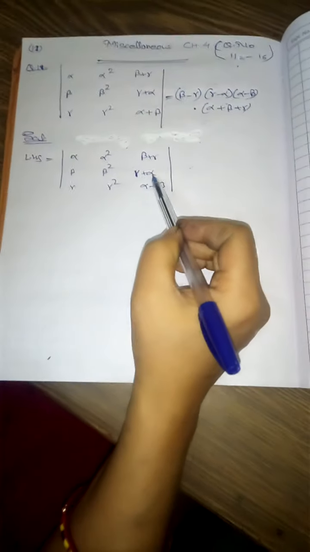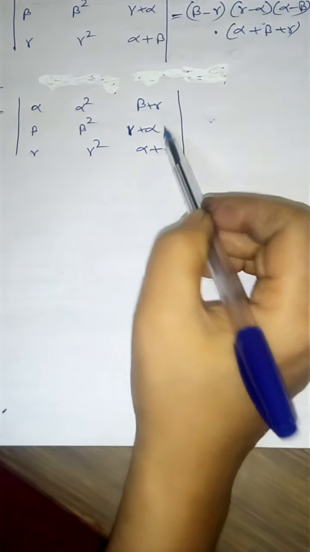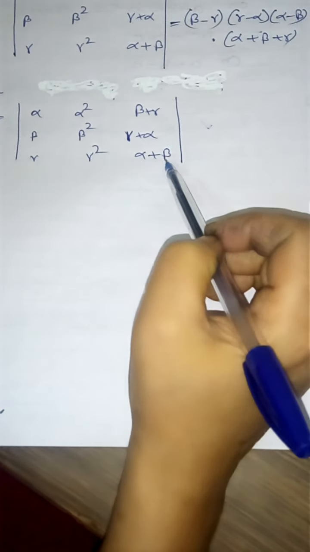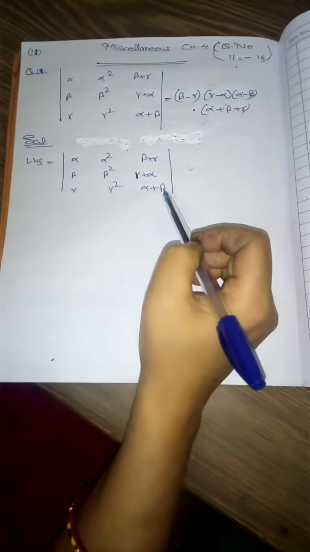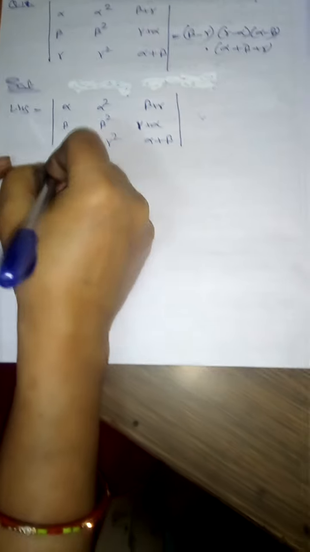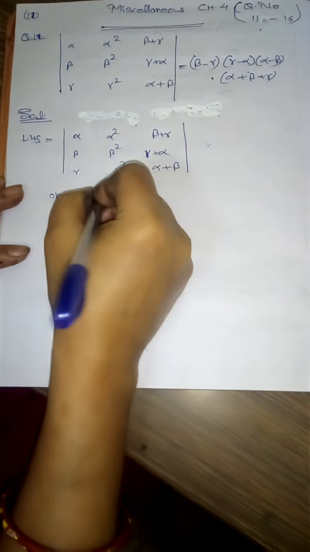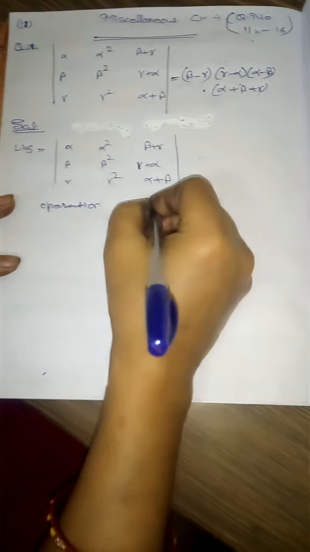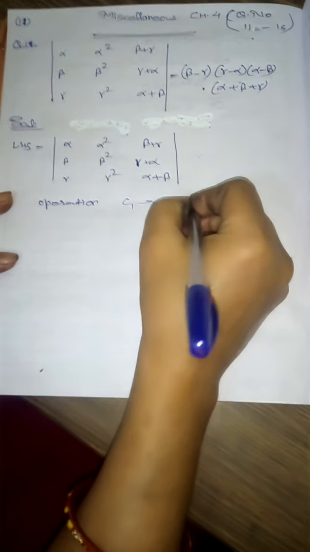Here gamma plus alpha is there but beta is not, and here alpha plus beta is there but gamma is not. It means we apply the operation C1 goes to C1 plus C3.